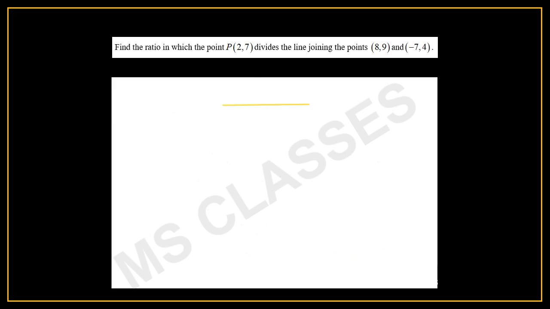There is a line segment joining the points. Here we have a point, suppose A, which is (8, 9). We take a point B, which is (minus 7, 4). We are just denoting it, not exact plotting. Here we take the point P, which is (2, 7), and the ratio lambda is to 1.